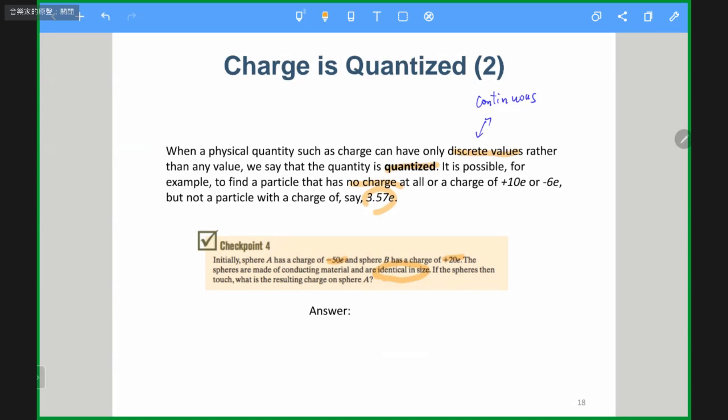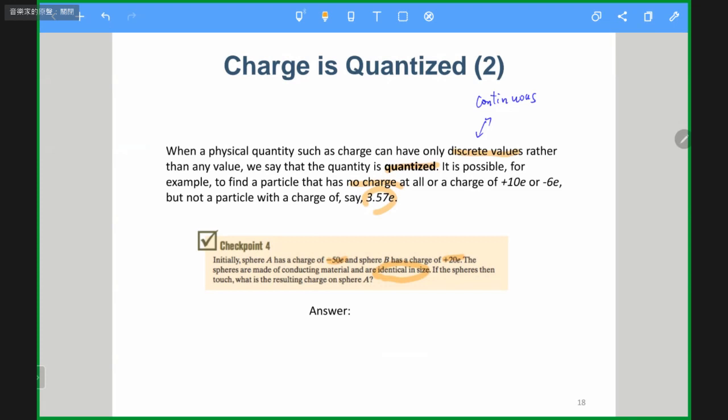The condition identical in size is important because it means that after the two spheres touch each other, the total amount of charge will equally separate between the two spheres.